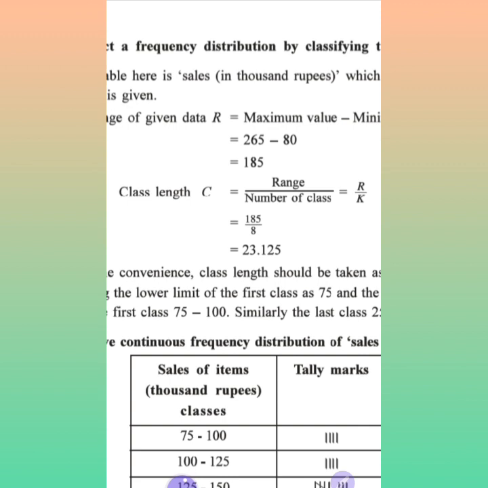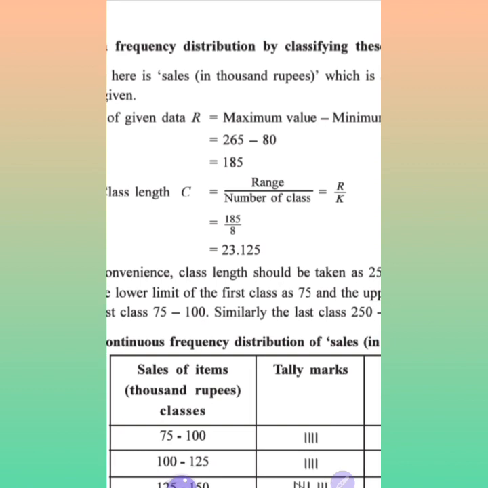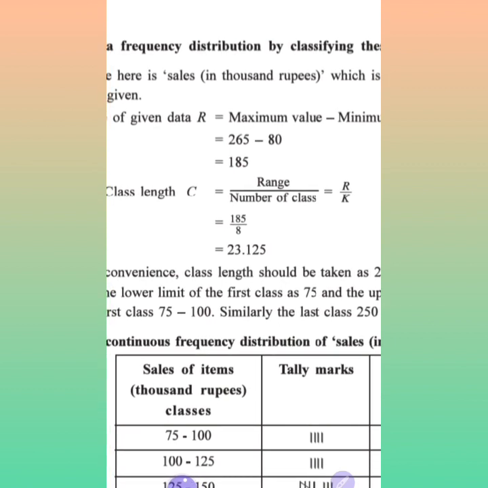Range is denoted by capital R and number of classes by capital K. The range we found is 185, so we take 185 in the numerator and 8 in the denominator. 185 divided by 8 gives you 23.125.